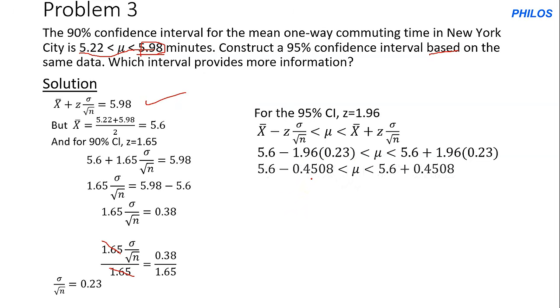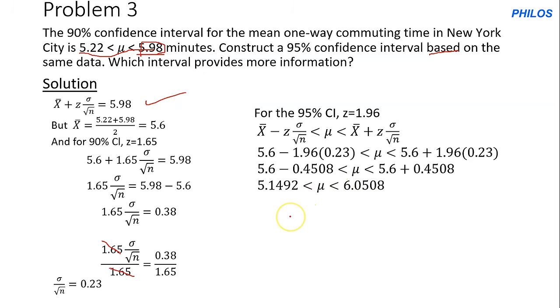So we're going to have 5.6 minus 0.4508 less than mu less than 5.6 plus 0.4508. It's just repetition, just that here is positive and this side is negative. So 5.6 minus 0.4508 will give you 5.1492, and 5.6 plus 0.4508 will give you 6.0508.